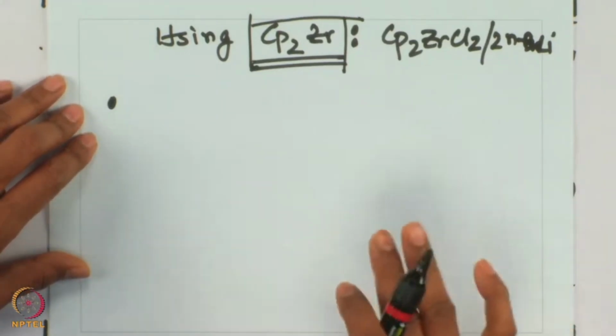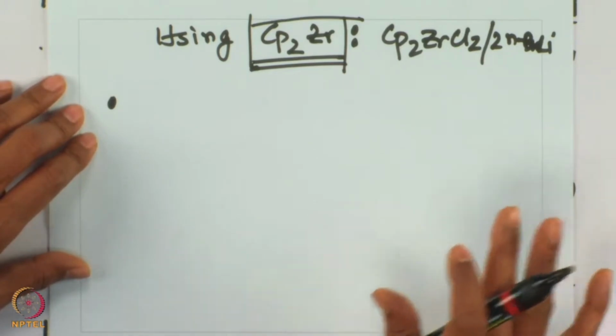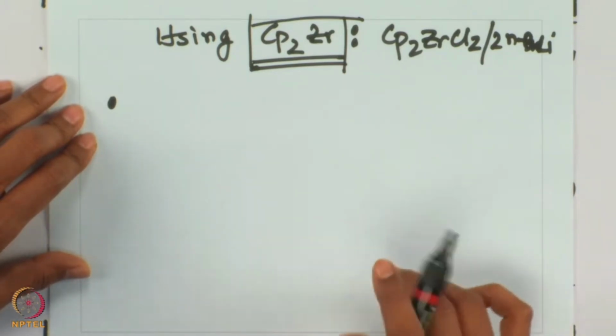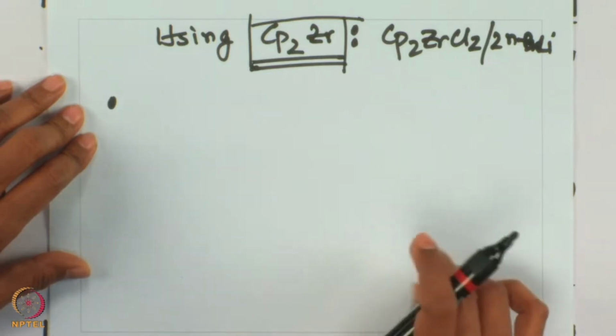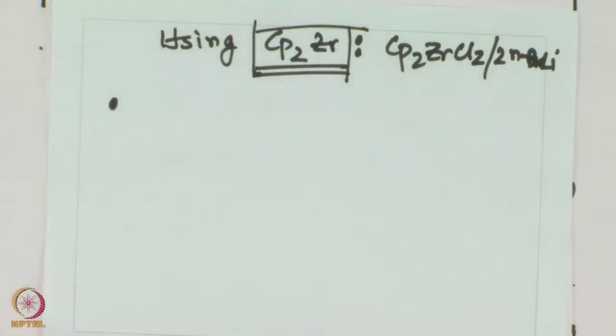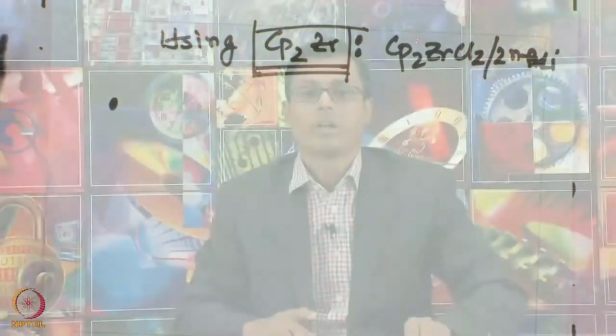Also, terminal alkynes are not tolerated under this reaction condition, and substitution on the olefin is limited; functional group compatibility is also limited. So, overall we now know that there exists some limitation of the processes.